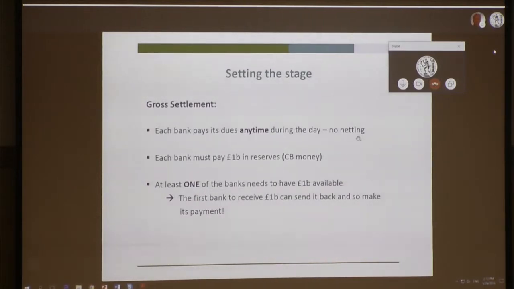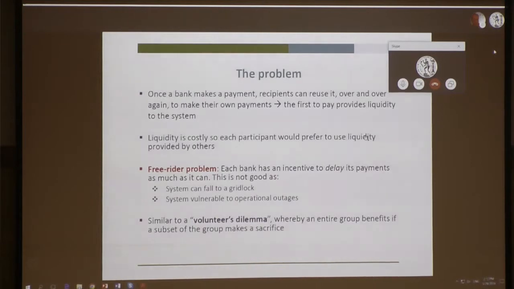So that's kind of interesting. And the reason why it's interesting is because it creates all kinds of incentive problems. If in principle a bank can make a payment and others can use that payment over and over again to make their own payments, then essentially the bank that made the payment is kind of providing a public good to this network.